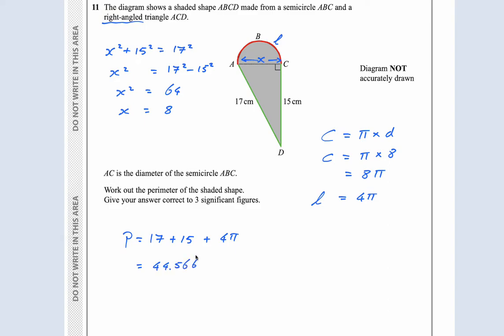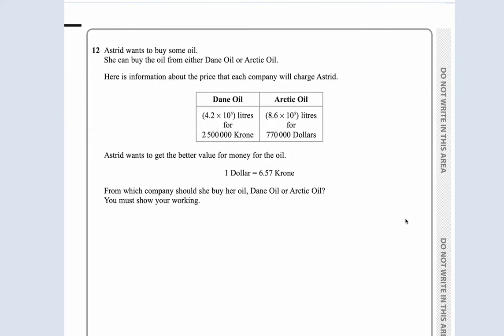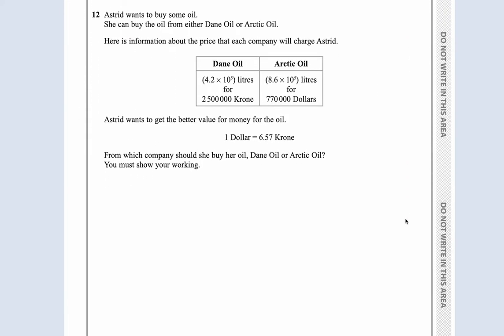He wants 3 significant figures. That gives me 44.6, round that up to 6. So the answer is 44.6. Okay, question 12.